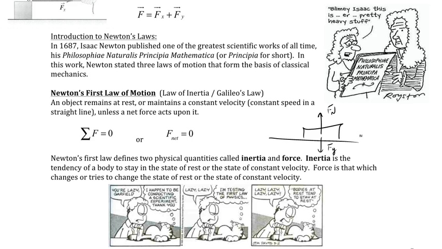The harder one for you to conceptualize is an object at constant velocity. An object at constant velocity is going to continue moving in a straight line with no loss of speed, with no force acting on it.